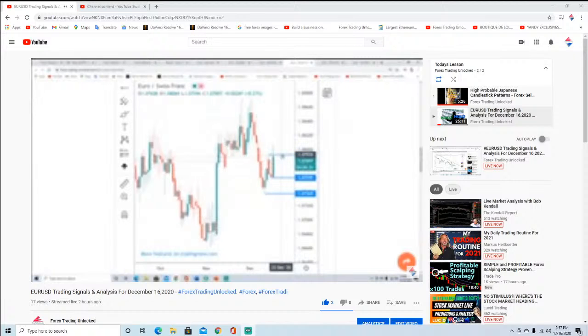Trading above this will have a sustained bullish momentum. I think that's going to target this $1.0820 to $1.0840 up in this area over the next couple of weeks.